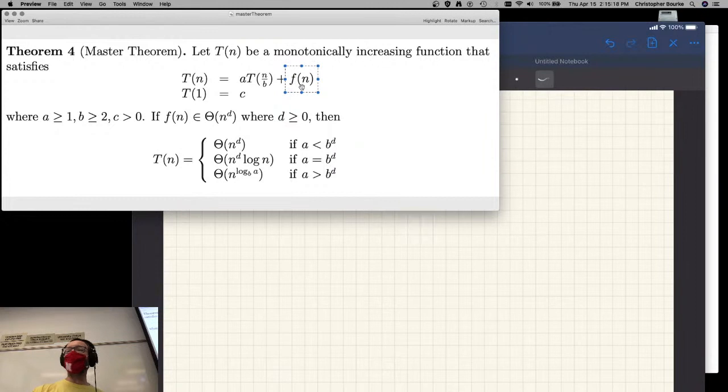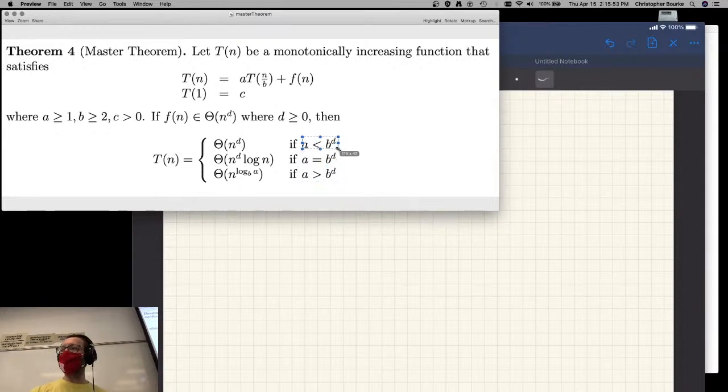Based on the behavior of that function, one of 3 things will happen. It has to be bounded by a polynomial, n to the d. But otherwise, once you've identified a, the number of recursive calls, b, the factor by which you're decreasing the input size, and d, your bound on your non-recursive work, one of these 3 things will happen depending on one of these 3 conditions.